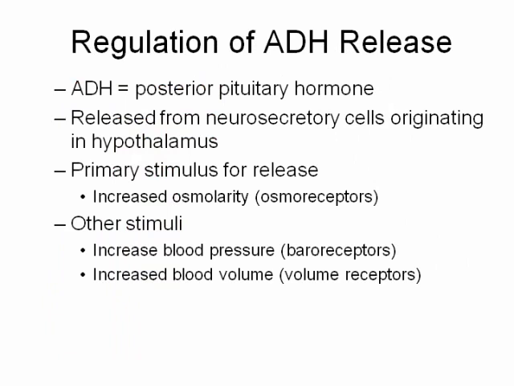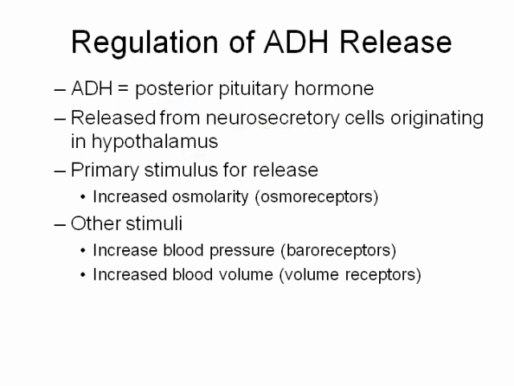How is ADH release itself regulated? Well, it is a hormone of the posterior pituitary and is released, of course, by neurosecretory cells that originate in the hypothalamus. That is, their cell bodies are in the hypothalamus, and their axons go down into the posterior pituitary where their axon terminals release ADH.